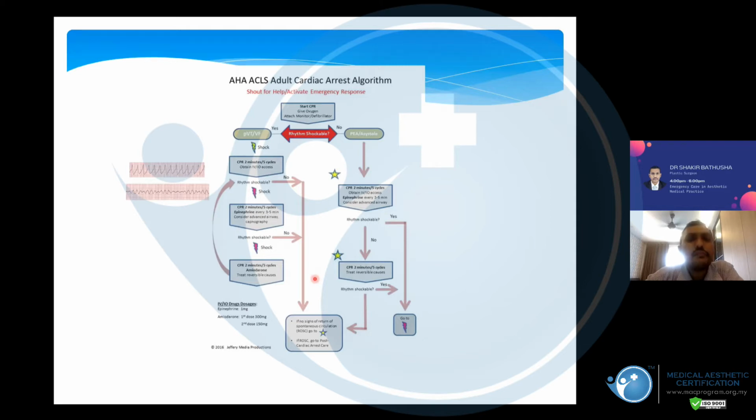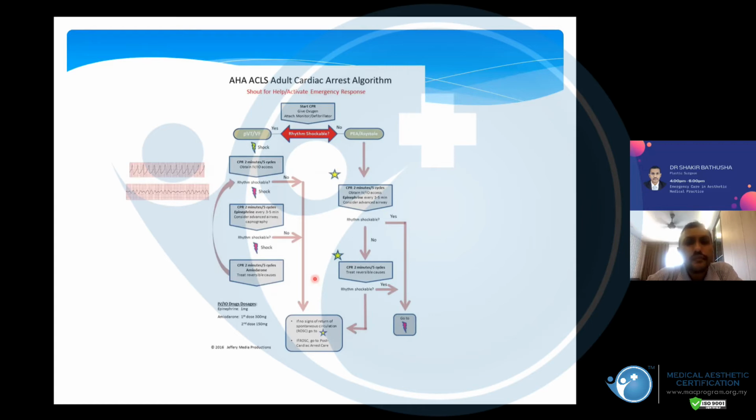Okay, in a patient with pulseless electrical activity or asystole, start early chest compression CPR, and reassess the patient's pulse after every 2 minutes. If you have access to epinephrine, it can be given as IV boluses, 1 ampule, which is equivalent to 1 milligram, given every 3 to 5 minutes.